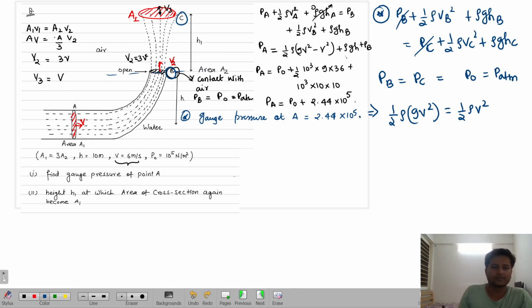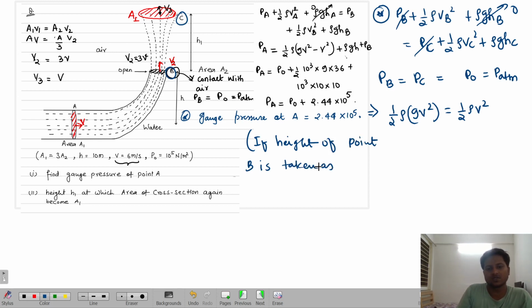Write it down: if height of point B is taken as reference point, then this becomes plus rho g times height of C. That is simple.